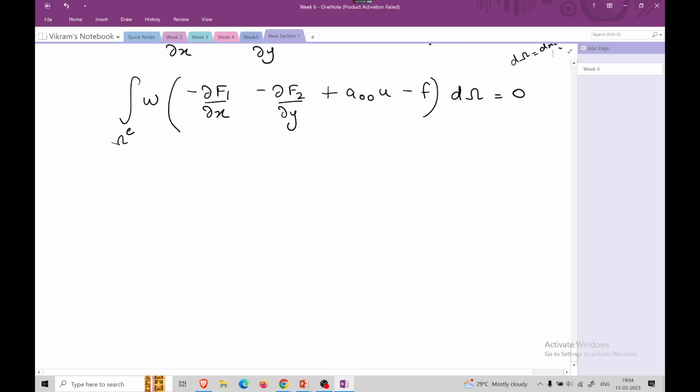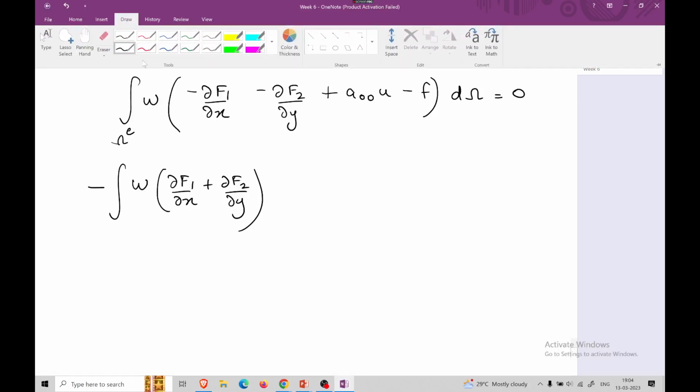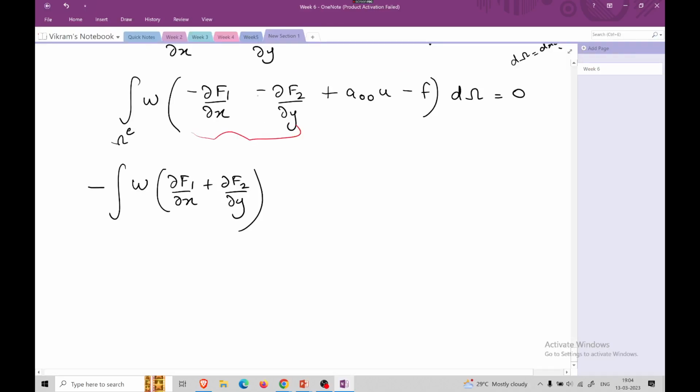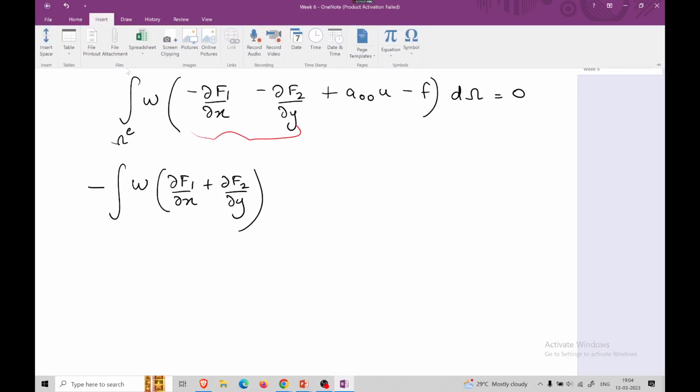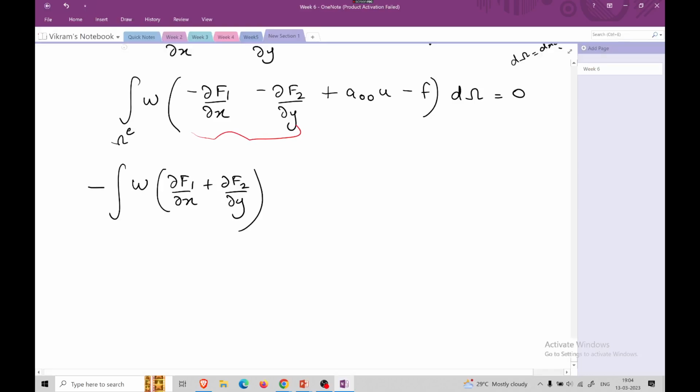So I will now just split these things. For the first integral I will take the minus outside, so it will become w times dou f1 by dou x plus dou f2 by dou y. I have clubbed these two terms and taken the minus outside, so it becomes this thing, into d omega.